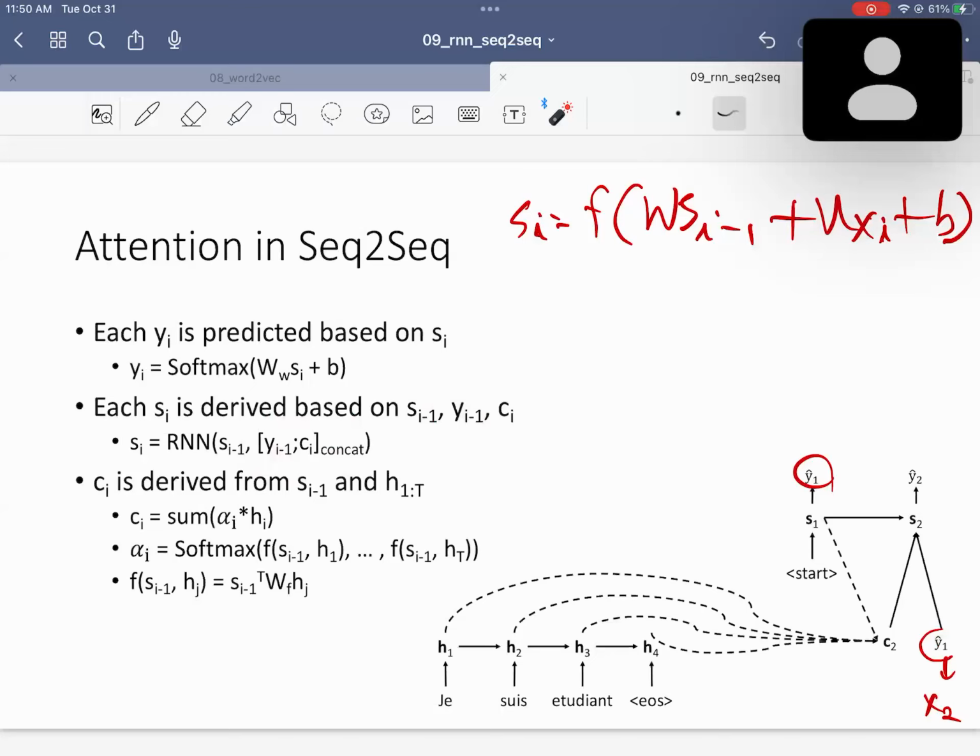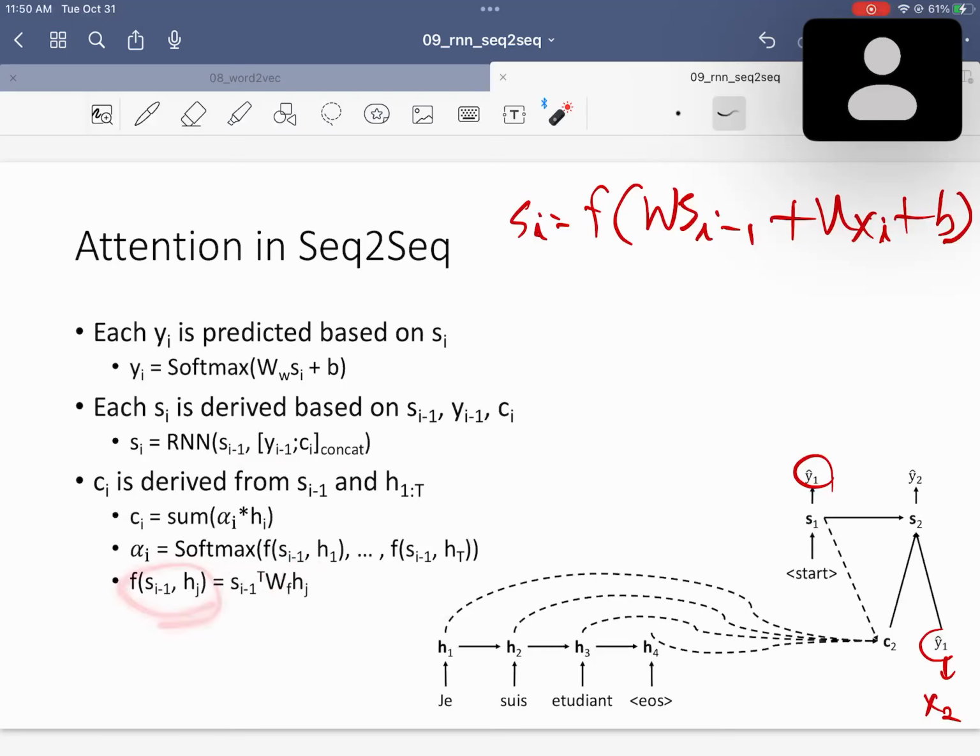The attention function is now f, not a. The way you input two inputs is having this equation here. Your previous decoder memory and your current h are mixed by a matrix. So it's not just an inner product between the two. There's a transformation function W, a trainable parameter, coming between si minus 1 and hj.